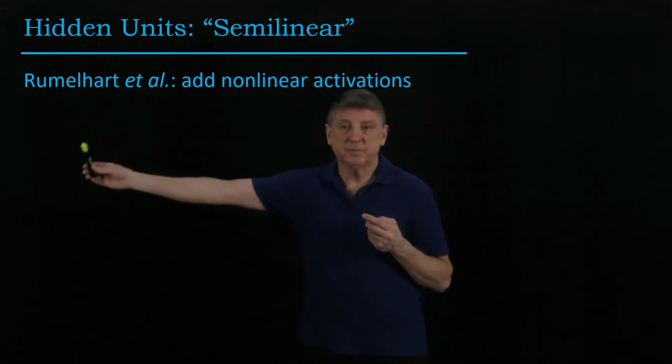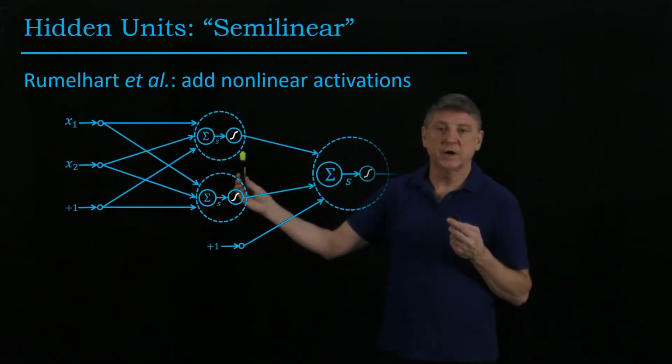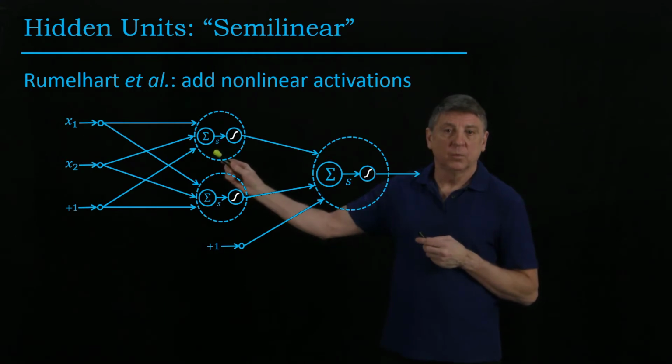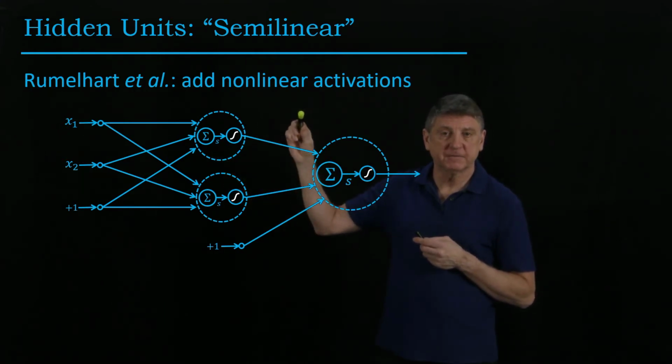So what this means is we begin with the data, and now we'll go through a nonlinearity, and if we recall what the logistic function looks like, it looks like a sigmoid or an S shape.